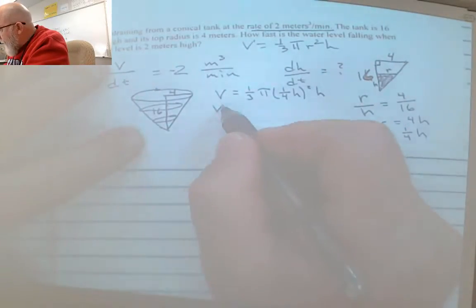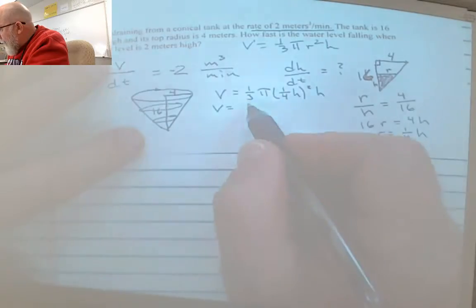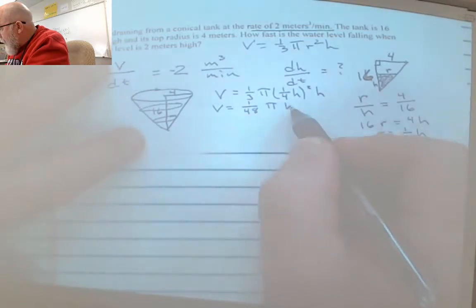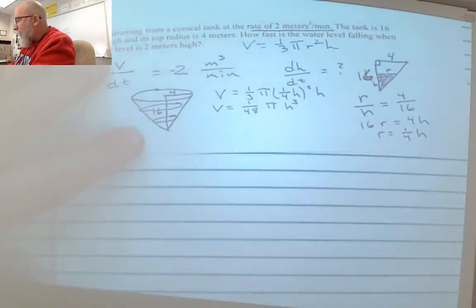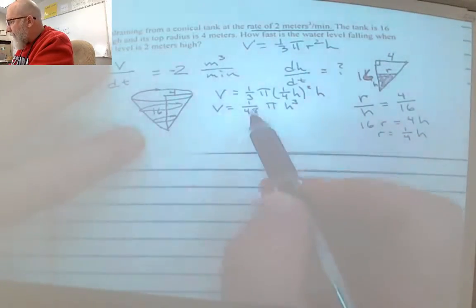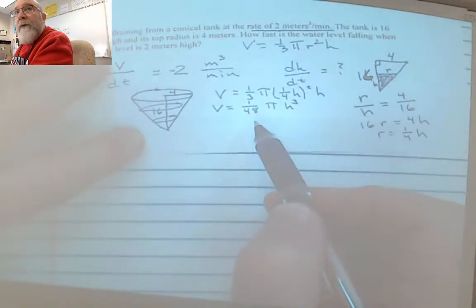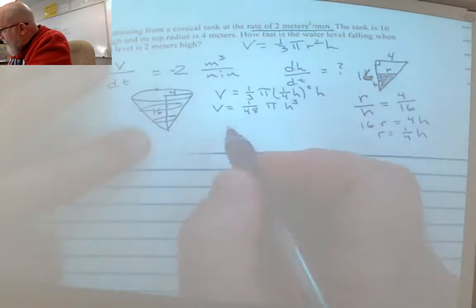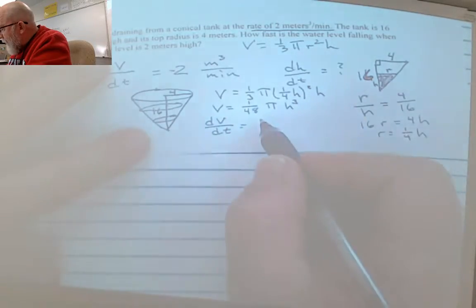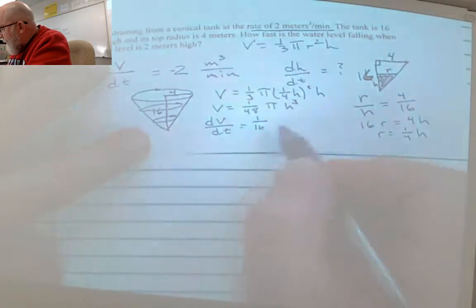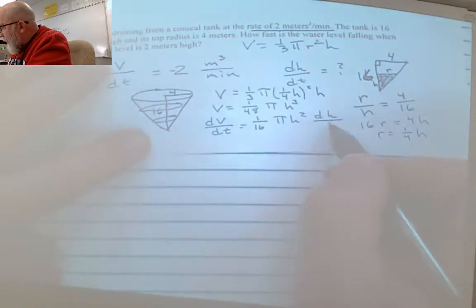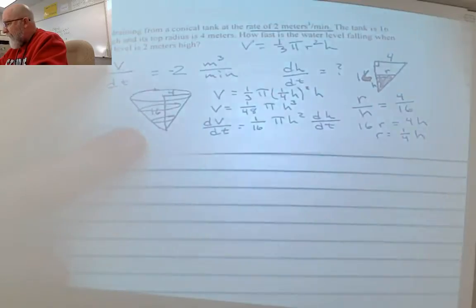So that means my volume is going to be 1/48 pi h cubed. 1/4 squared is 1/16, multiplied by 1/3 is 1/48. So that means dV dt is equal to, I think, 1/16 pi h squared dH dt. Cullen, I think that's how you did it last time. Am I right?